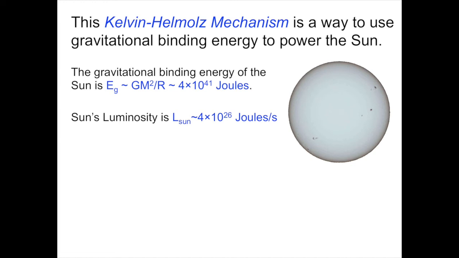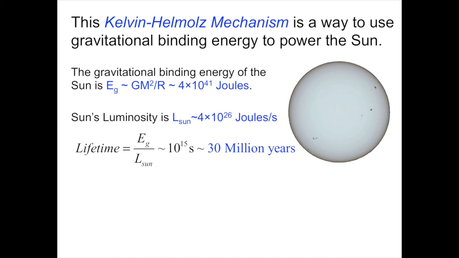Using our lifetime formula, we can compute that the lifetime of the sun, being powered by gravitational contraction, should be the gravitational binding energy of the sun divided by its luminosity. If I plug in 4 times 10 to the 41 joules divided by 4 times 10 to the 26 joules per second, I get a lifetime of approximately 10 to the 15 seconds.